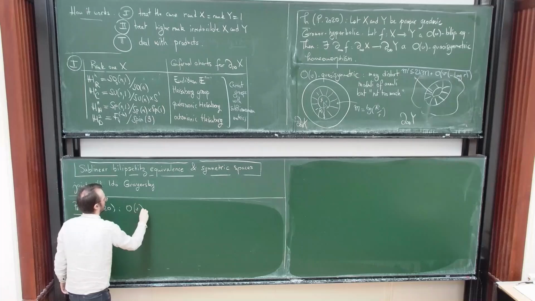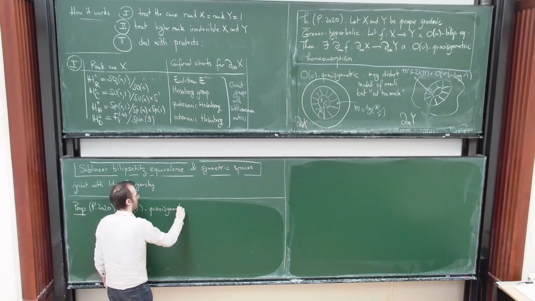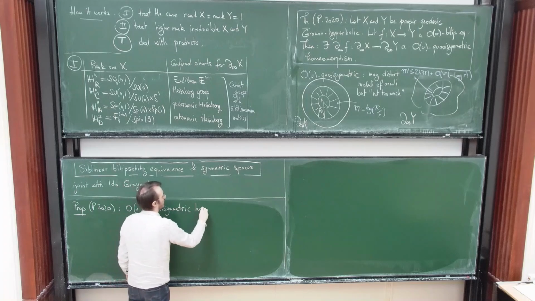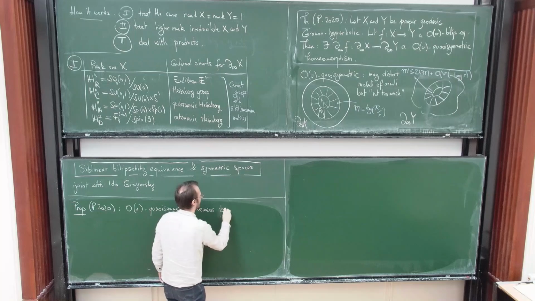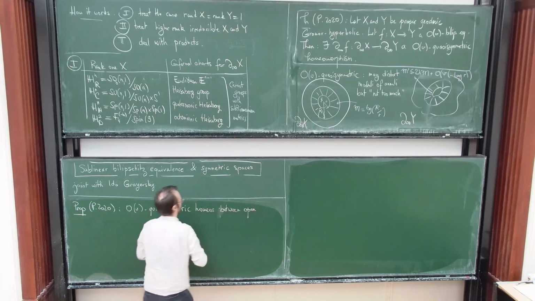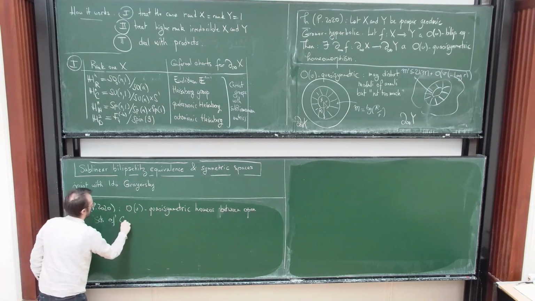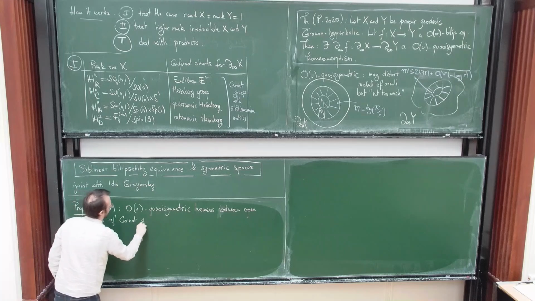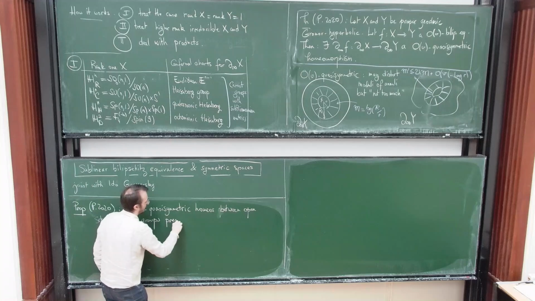So O of V quasi-symmetric homeomorphisms between open sets of Carnot groups preserve the conformal dimension.